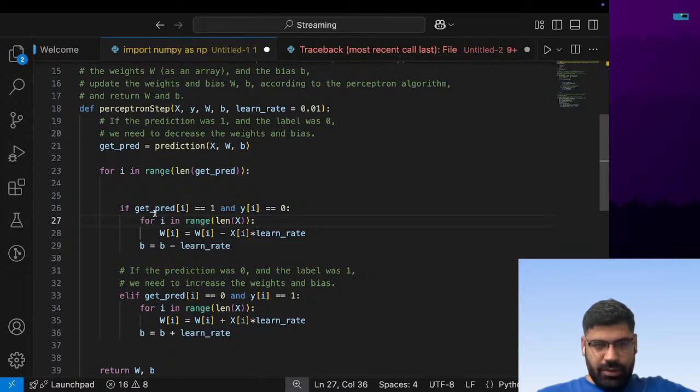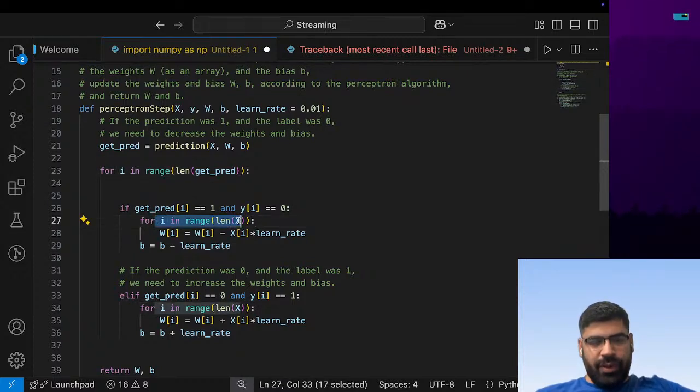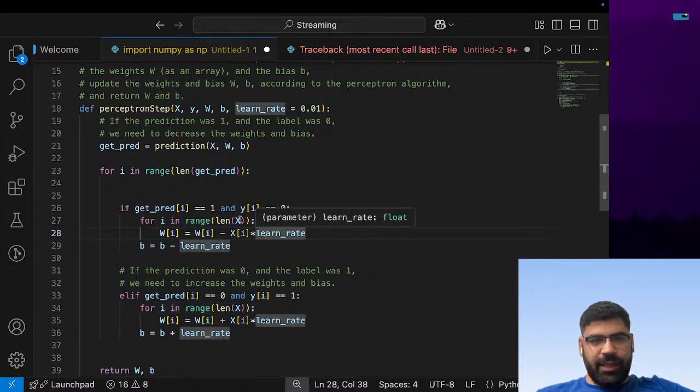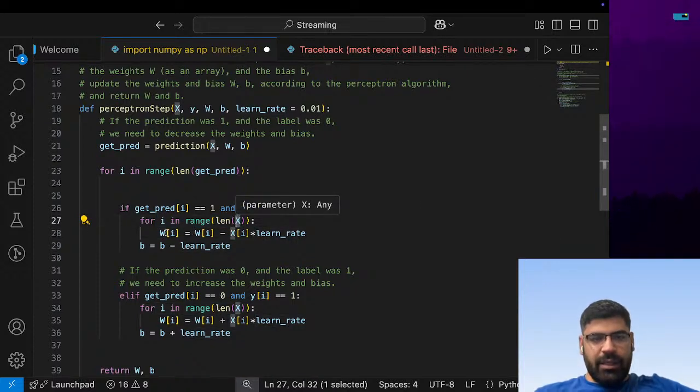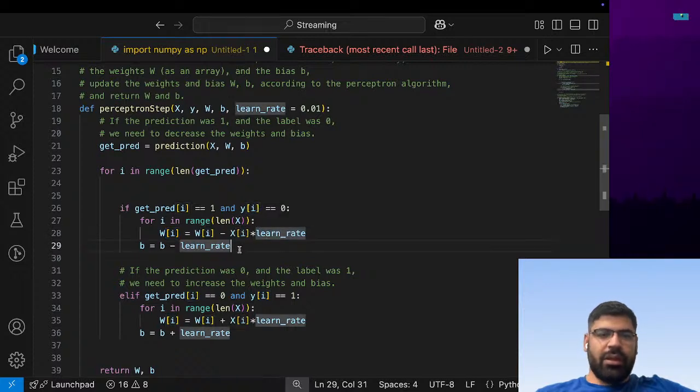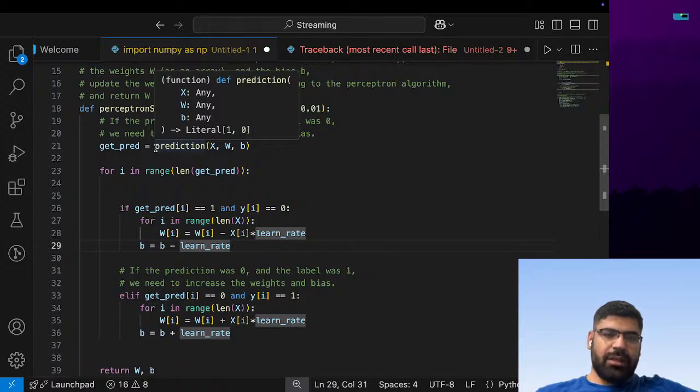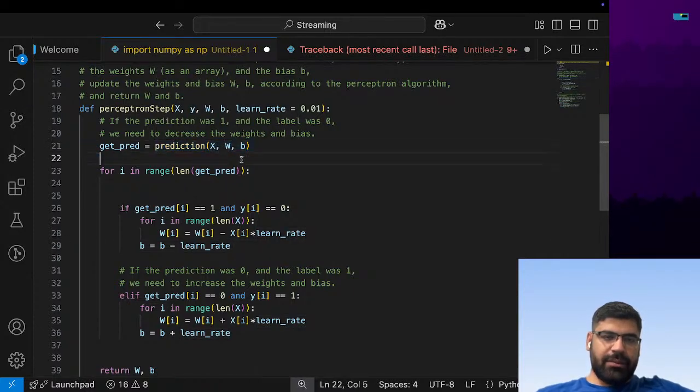So first one, if the labeling was wrong, every go to every single array in X and do changing in the weight by this much. Then go back and get the new predictions. Does it work? Are the predictions right?